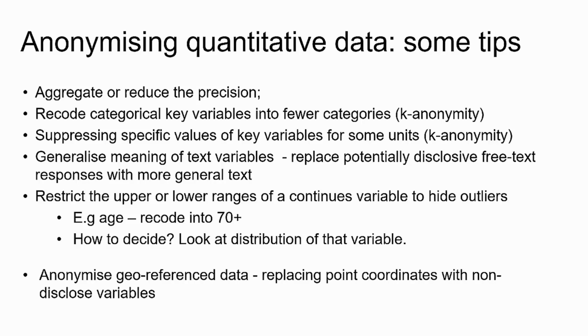And then, of course, we probably need to anonymize georeference data as well, replacing point coordinates with non-disclosive variables. If we have latitude and longitude, and it's someone's house or place of work, then we would need to replace that with more aggregate information.